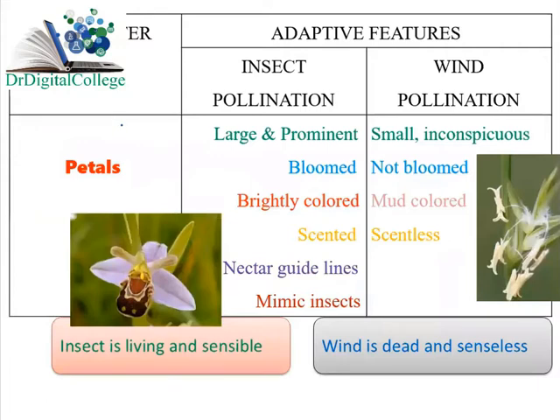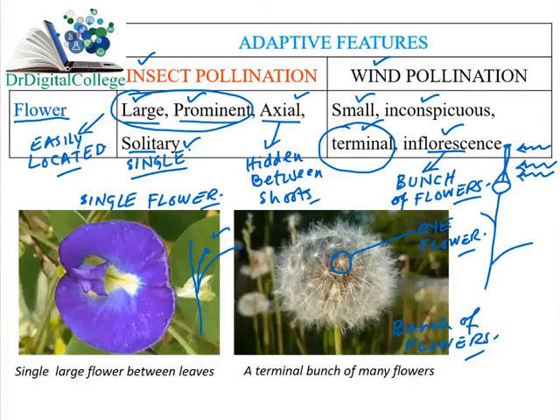Then the next character is about the petals. What about the petals? You know that insect pollinating flowers have large and prominent petals. As in the previous slide you have seen that this is a large petal.